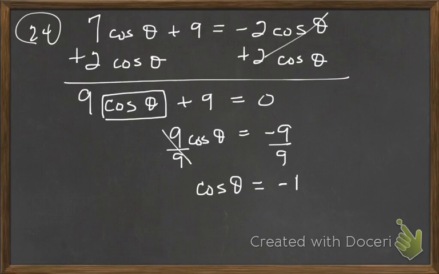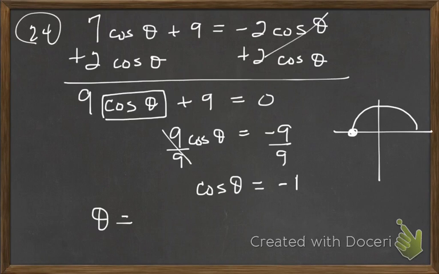So on your unit circle, you're going to find the first value that you come to that has a cosine value of negative 1. Where's that? Pi, somebody says. So that means that theta is equal to pi.